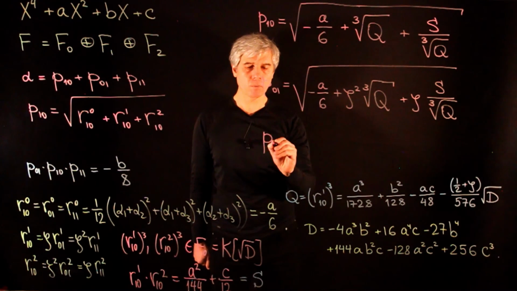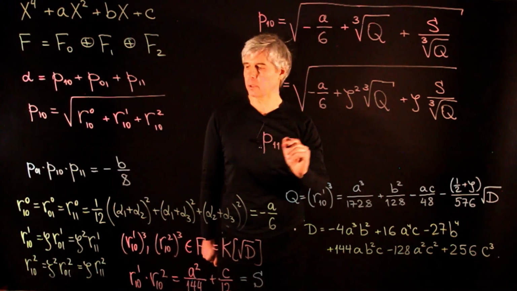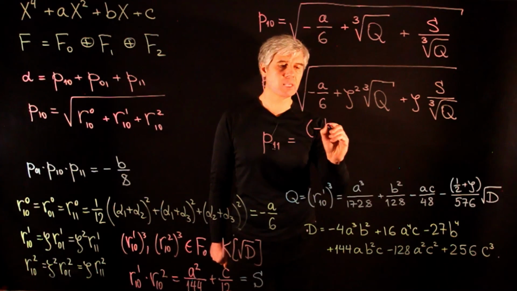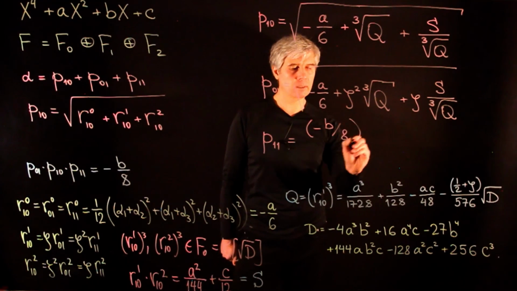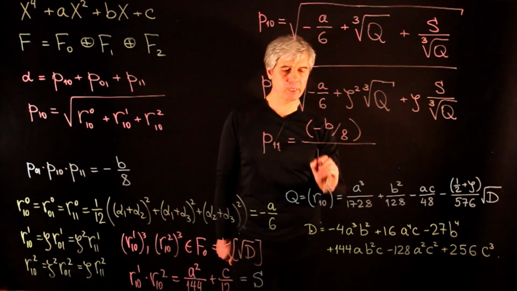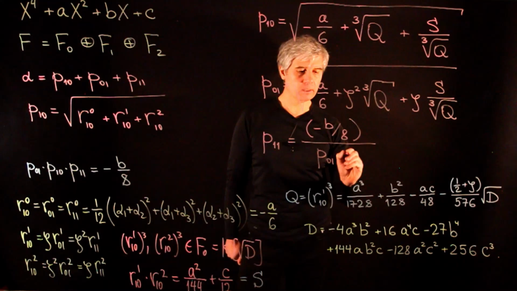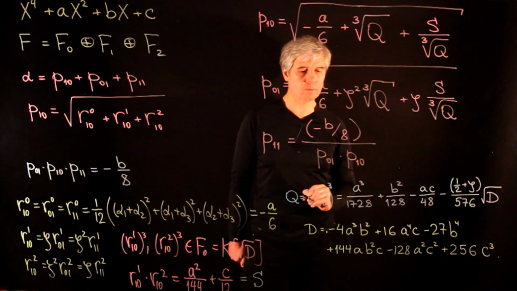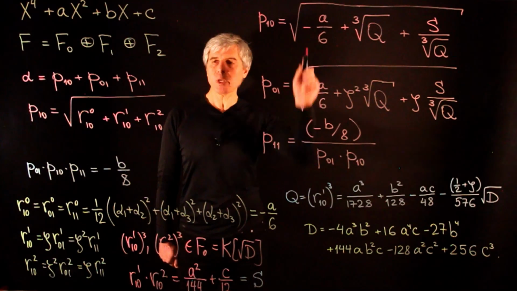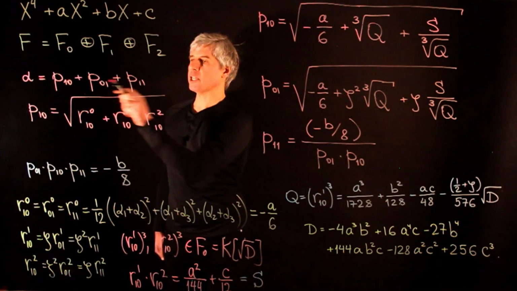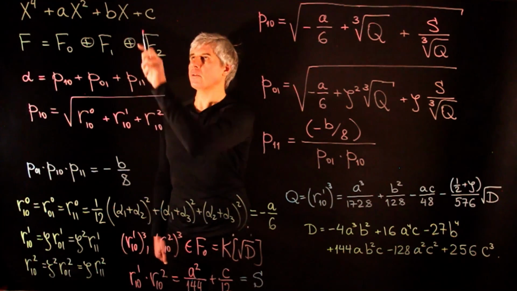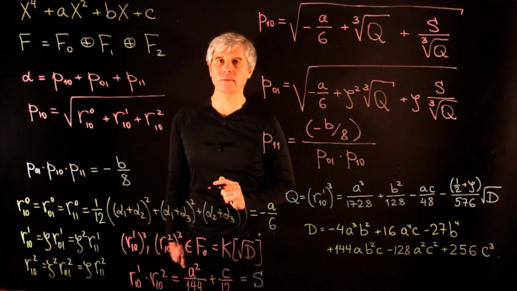So P11 is equal to minus B over 8 divided by P01 times P10. Adding these components together, we get the expression for the root alpha of this quartic polynomial.